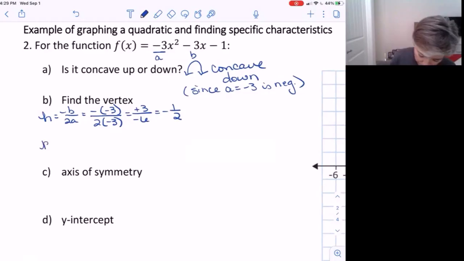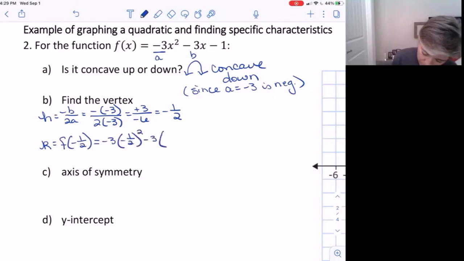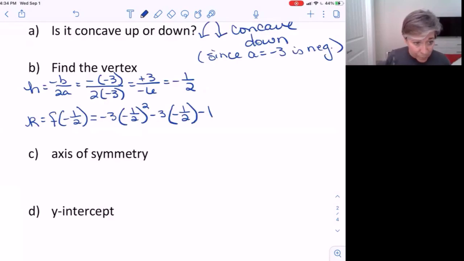Then for our k value, we're going to plug in that negative 1/2. So we get negative 3 times a negative 1/2 squared minus 3 times a negative 1/2 minus 1. Let's simplify the k here.